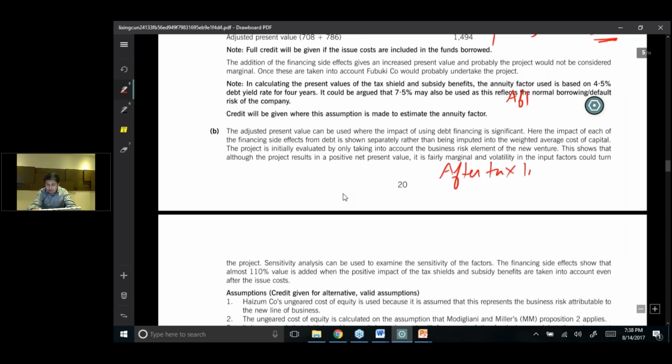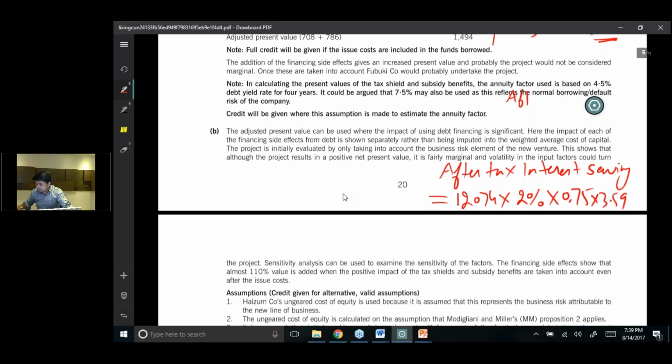After tax interest saving is equal to subsidized debt into annual saving of 2%, into its after tax value, that is 0.75, because tax is payable in the same year, so you can solve it in a single step, into 3.59, and it will be equal to 650.